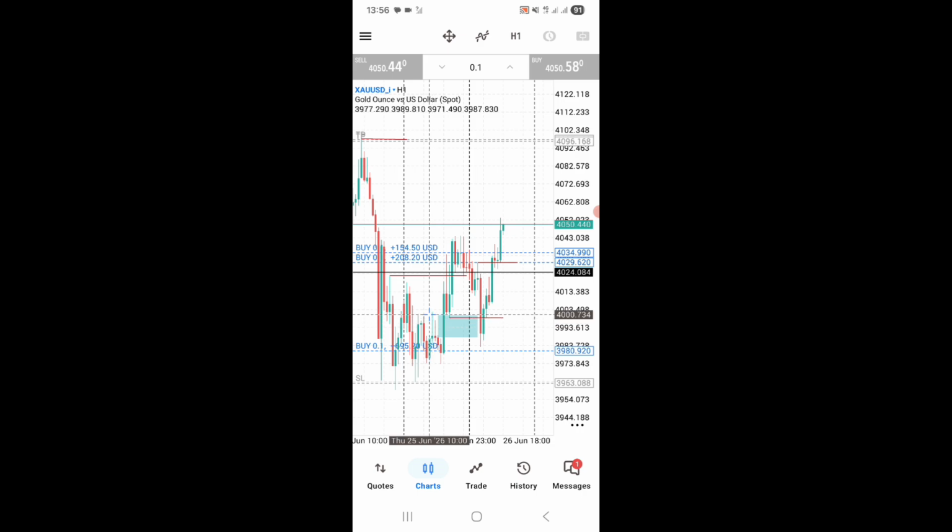So I thought once it has broken this here, it went down to almost like an order block or a support level. This is a support level as well. Resistance actually, not support.